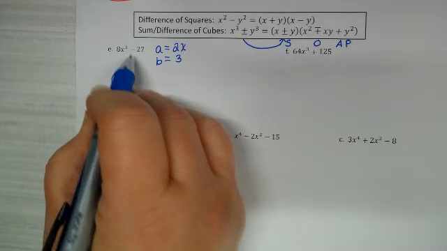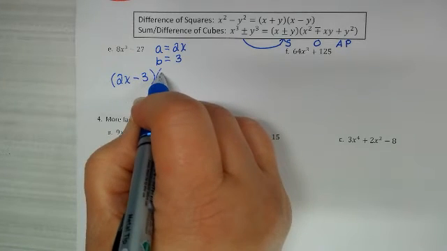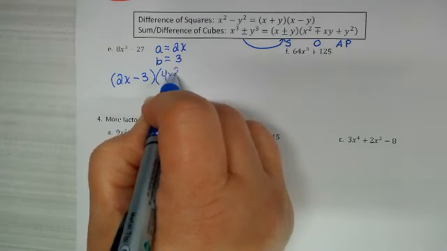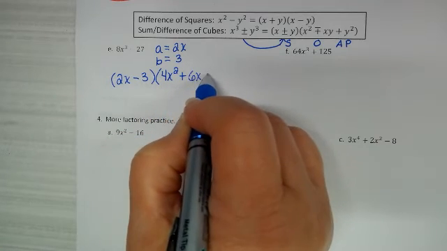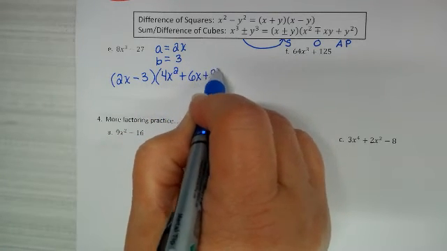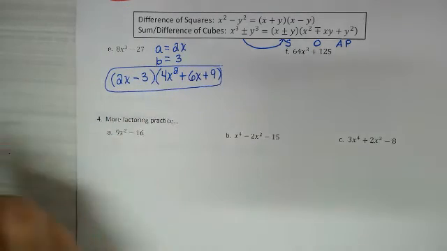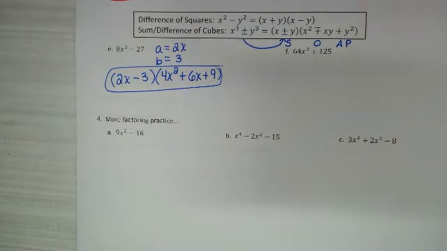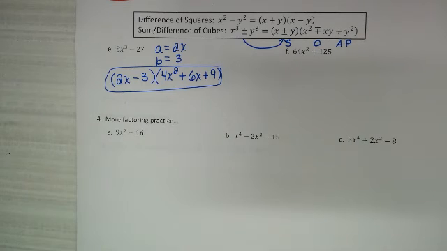A minus B, remember, same sign, A squared plus AB plus B squared. That's just a refresher on our sum and difference of cubes, and the same is true for letter F.